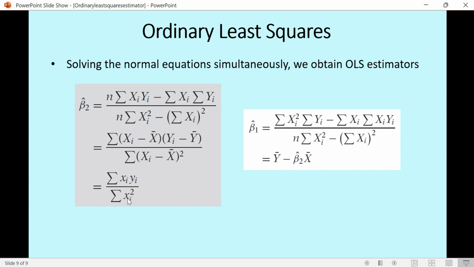So these two parameters are called ordinary least squares estimators. And if we have different samples, for example, if we make experiments 100 times, each time we get beta 1 hat and beta 2 hat not the same. But this is the best we can do, because we use the criterion of minimization of the sum of residual squares. Thanks for watching.